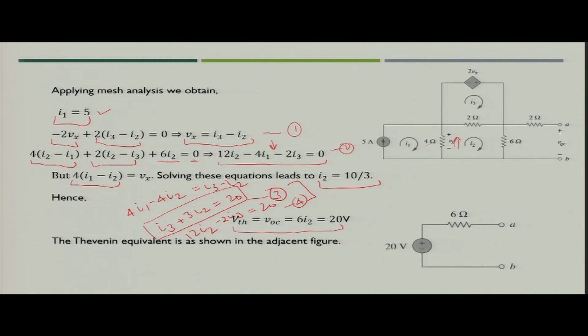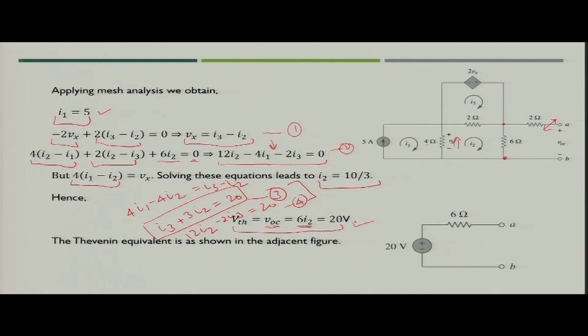In this circuit, VOC is applied across terminal A and B. Since no current is flowing in this 2 ohm resistance, this VOC would be applied across the 6 ohm resistance. So the voltage drop across the 6 ohm resistance is the Thevenin voltage. So VTH is VOC equal to 6 times I2, which is 20 volt.